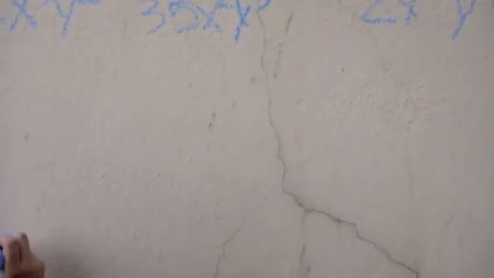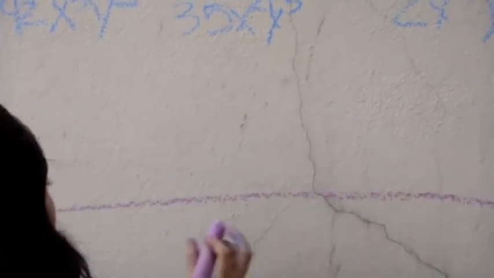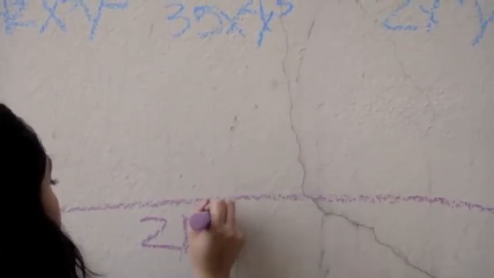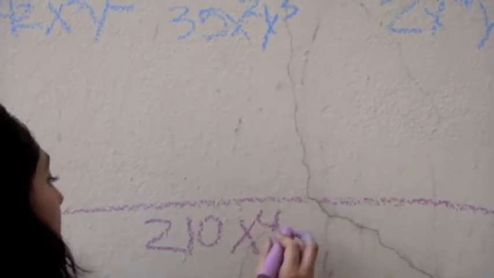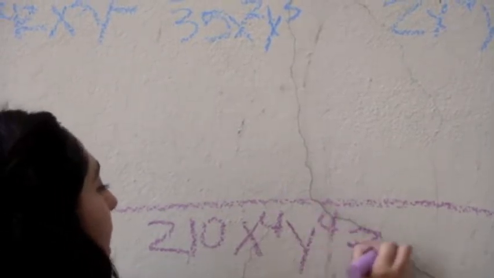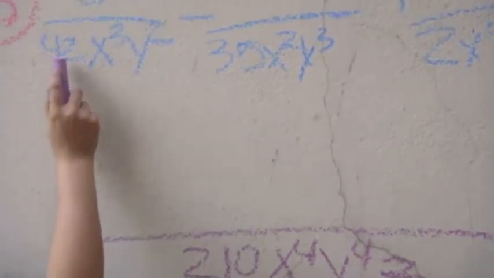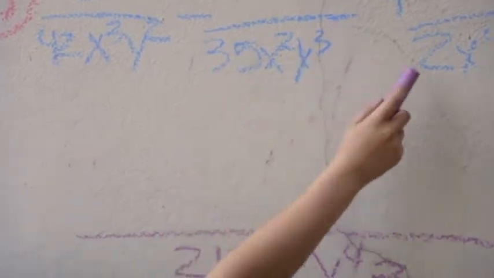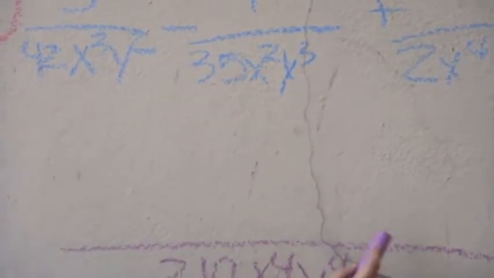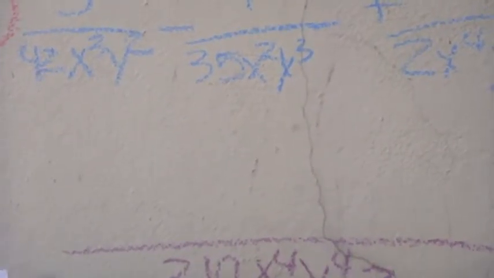Our least common denominator is 210x to the fourth power y to the fourth power c. Why? Because it's the number that 42, 35, and 2 have in common, and they are the set of variables that have the highest power.